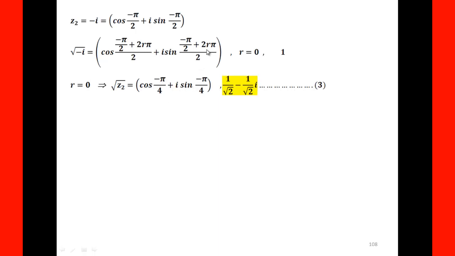So the angle will be negative pi over 4. As we said before, consider pi equals 180. So you have cosine of negative 180 over 4 equals 1 over root 2, and i sine of negative 180 over 4 also equals negative 1 over root 2 i.